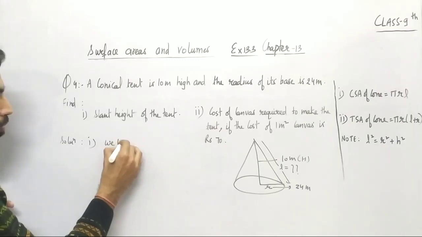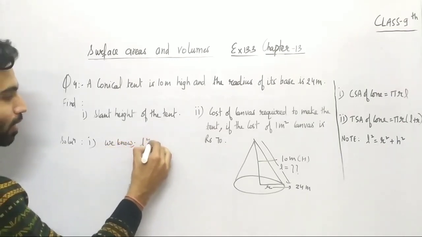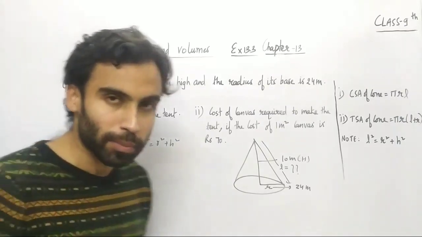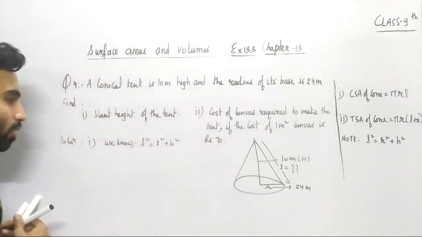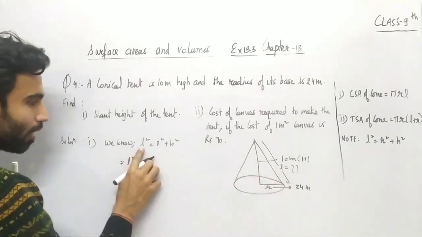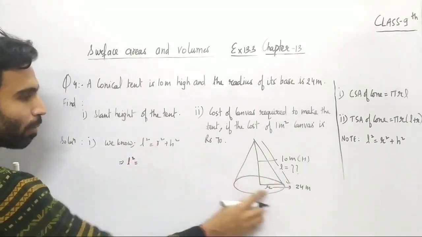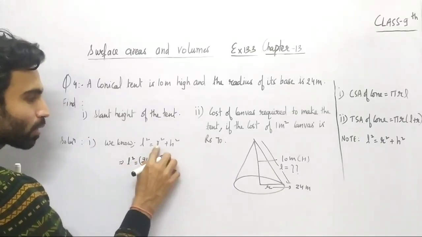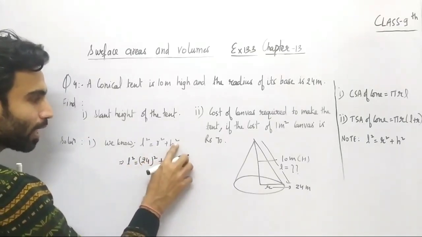So we know that L square is equal to R square plus H square, right? First, let us substitute the values. Here L square is what we have to calculate, so leave it as it is. Now the radius is already given to us, that is 24, so R square means 24 square, plus H square.